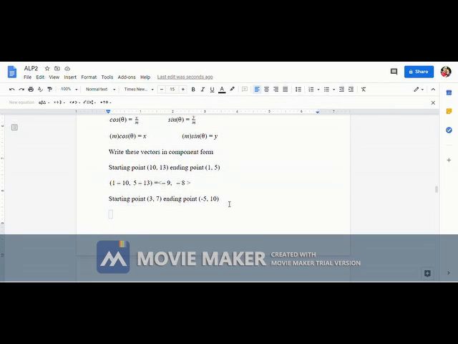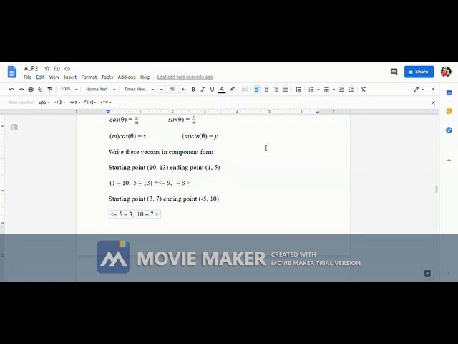So we can do that with this starting point and ending point. So it's going to have -5 minus 3 and 10 minus 7. Okay, so it's a vector that starts up in the first quadrant at 3, 7, and then travels left and up to the point -5, 10 in the second quadrant.